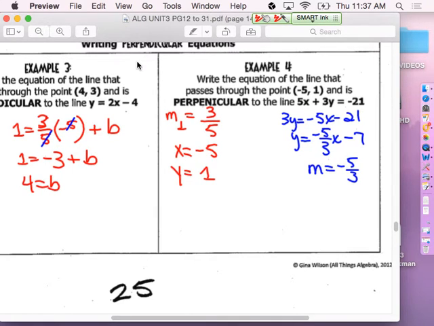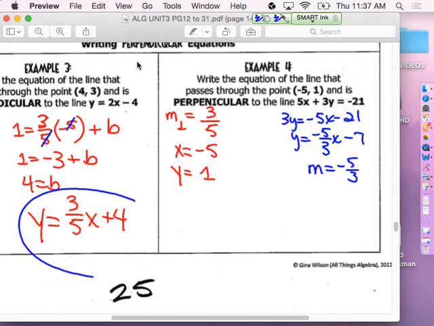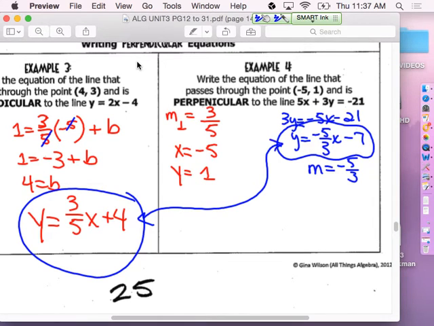So here's my final answer: y equaling +3/5x plus 4. So here's my perpendicular equation, and here is the equation that I took to start and manipulated. So the two lines would be perpendicular to each other. You can see that their slopes are opposite reciprocals or negative reciprocals.